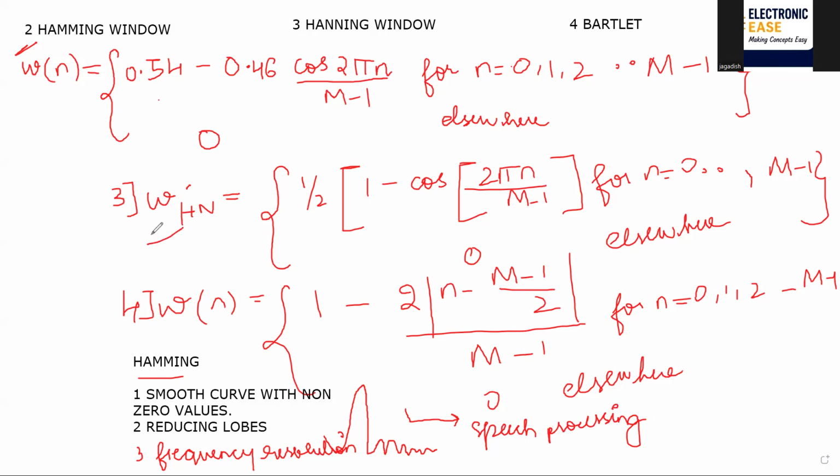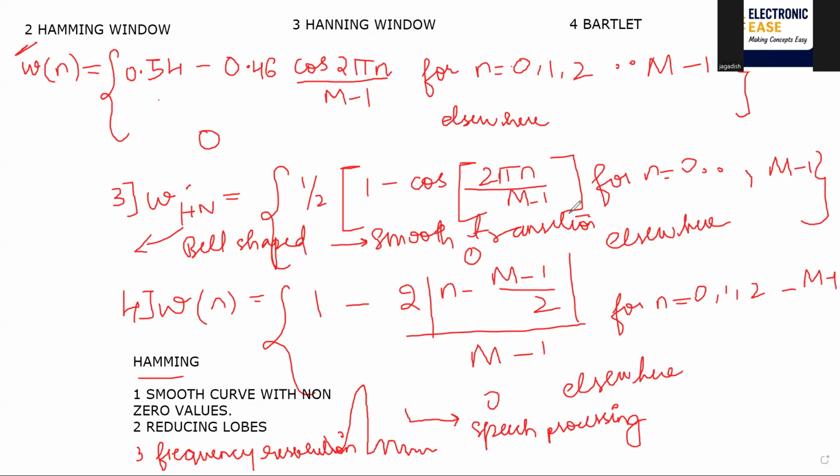It is having a bell-shaped curve, and it will be having smooth transition at the ends. These are the characteristics of the Hanning window.